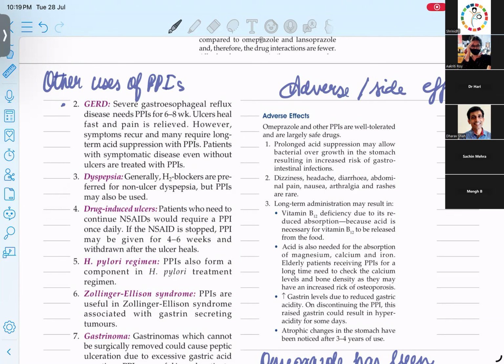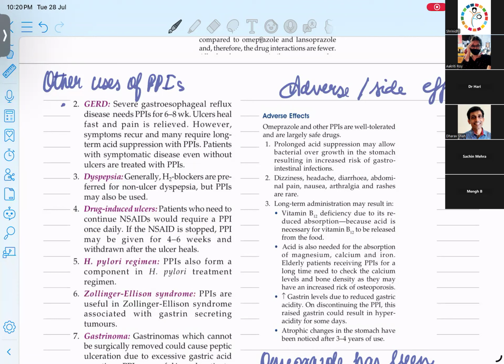Long-term administration may result in vitamin B12 deficiency because absorption is reduced. As we also know, HCl is also needed for intrinsic factor. Acid is also needed for absorption of magnesium, calcium and iron. So when elderly patients take PPIs, they need to check the calcium levels in the body and bone density, as they might have increased risk of osteoporosis.